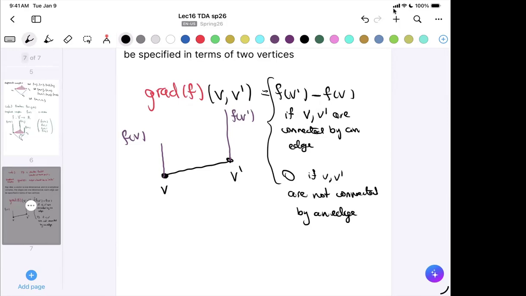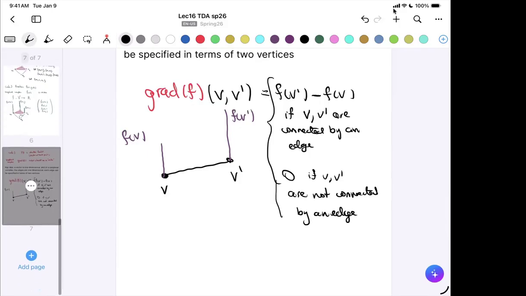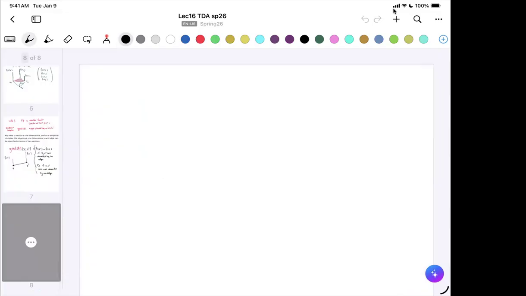So for example, maybe I'll just do this to finish for today. The curl does take a little bit more time, but it's the more interesting definition, how to define the curl. The gradient is not too hard to convince yourself that it's a reasonable thing to do.